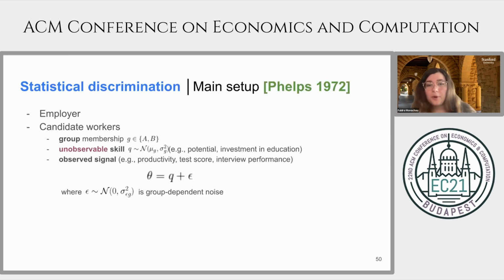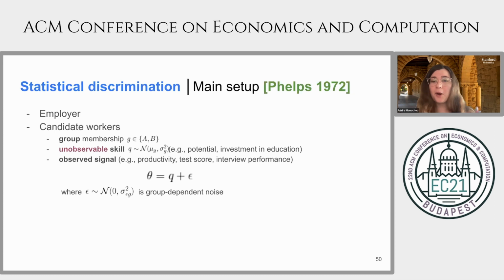So again, workers belong to one of two social groups as before, but they are now characterized by an observable quality parameter Q, which is drawn from some normal distribution and represents some form of skill, potential, or investment in education, anything you want to call it.